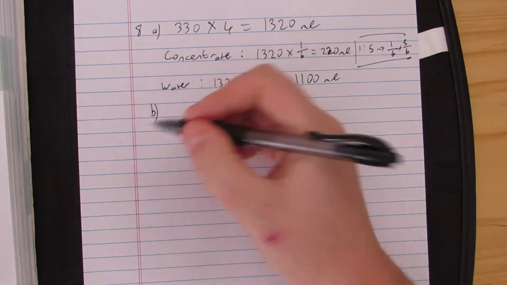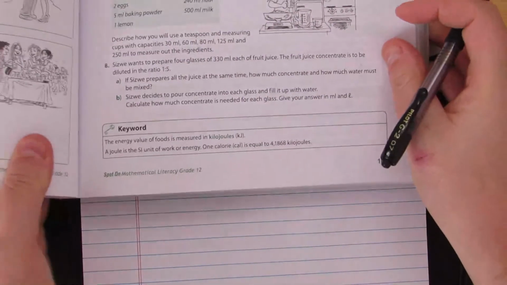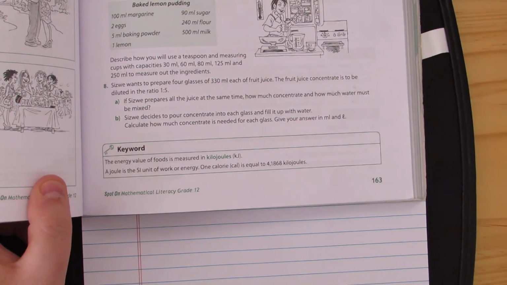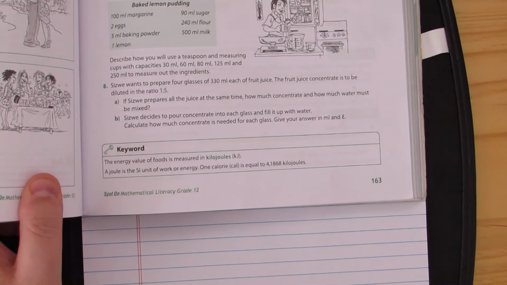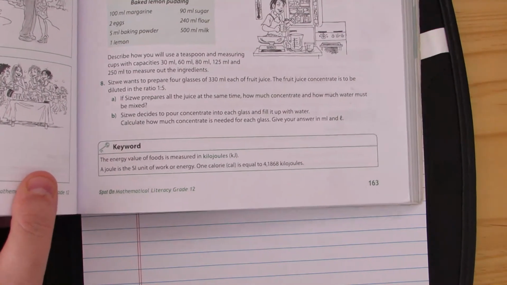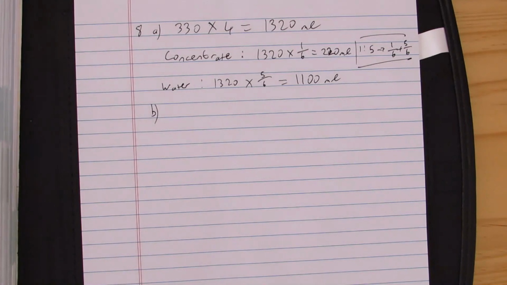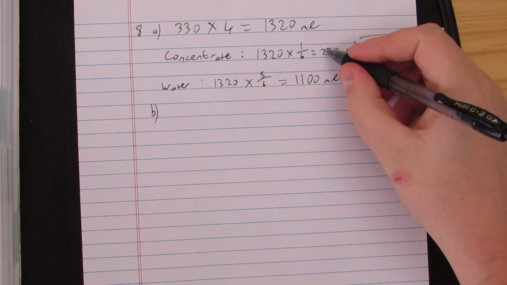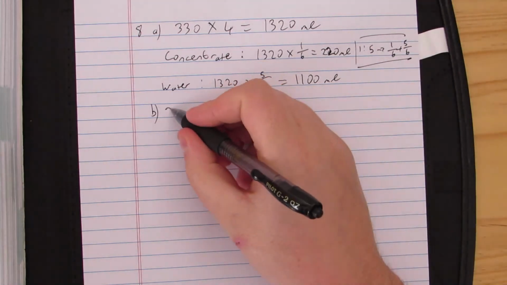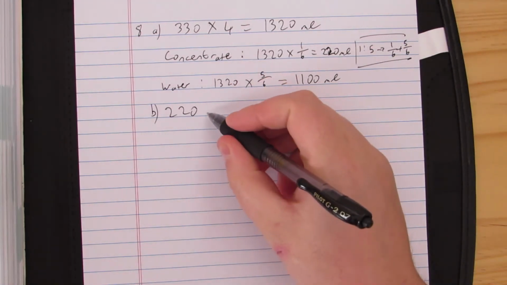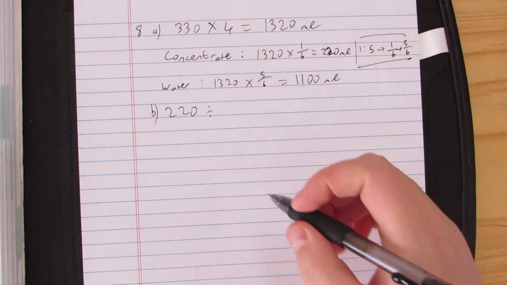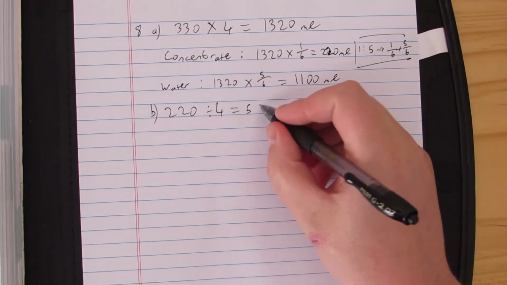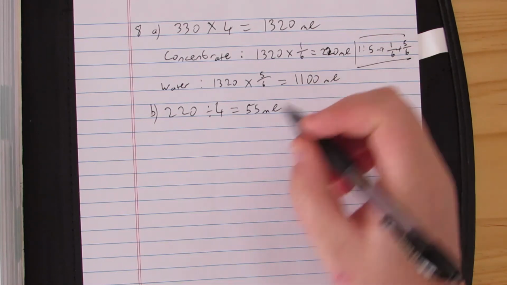Okay, then B. Caesarware decides to pour the concentrate into each glass and fill it up with water. Calculate how much concentrate will be needed for each glass. Give your answer in milliliters and liters. So, using our answer from over here, the 220 milliliters, if I take 220 milliliters and divide it by the 4 glasses, I will get 55 milliliters.